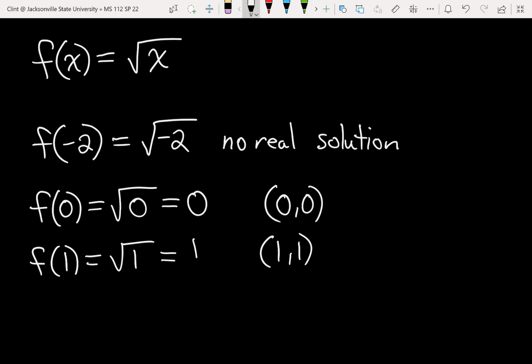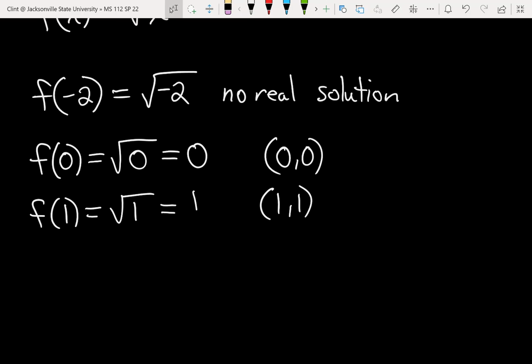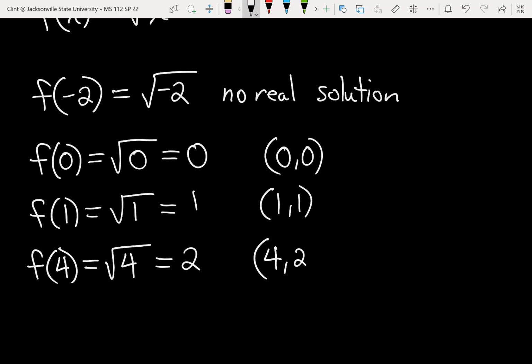2 we could find. But if we do square root of 2, we get 1.414, something that's a decimal. So let's skip up to our next number where we can get a whole number. Square root of 4, we'll get 2. 4, 2. There's 3 points.